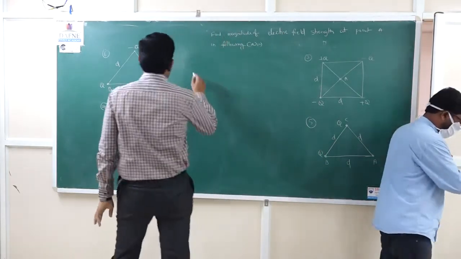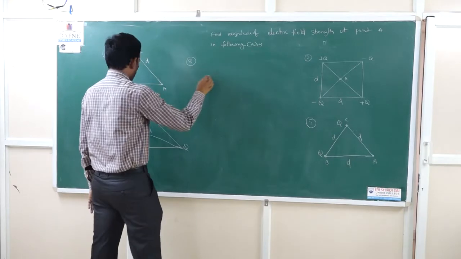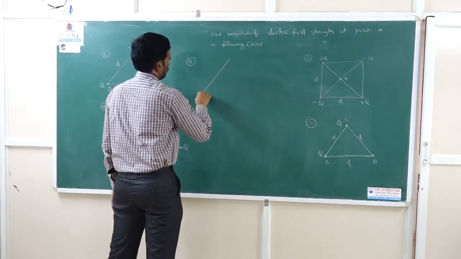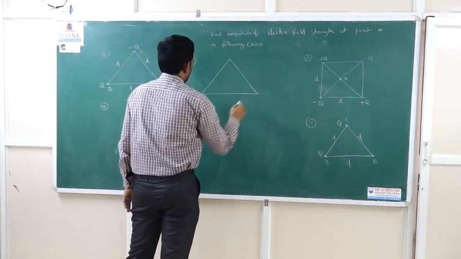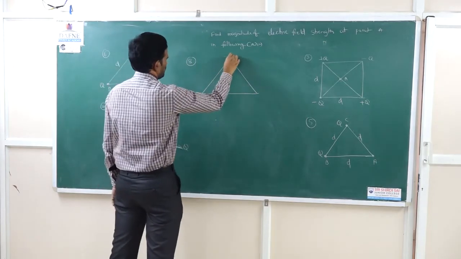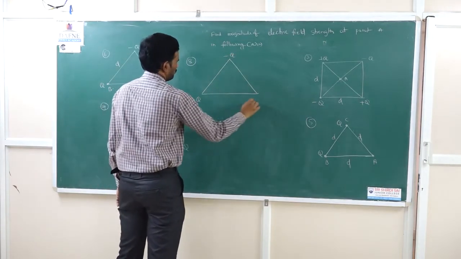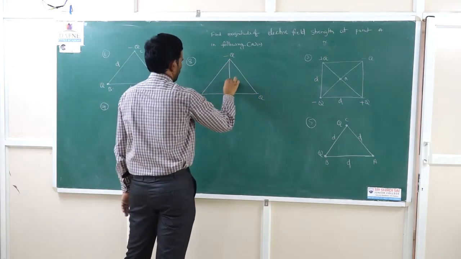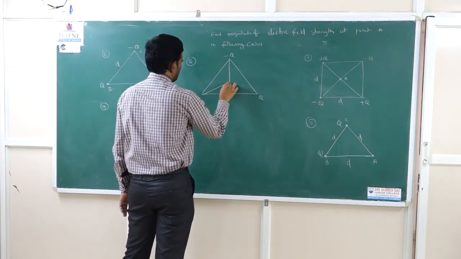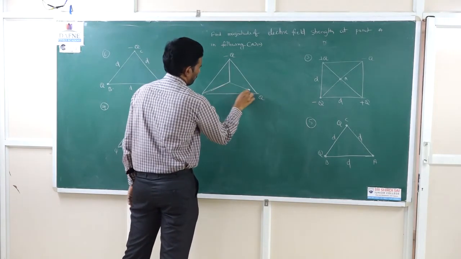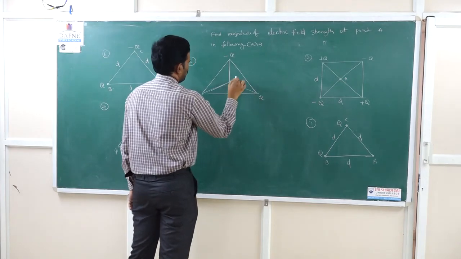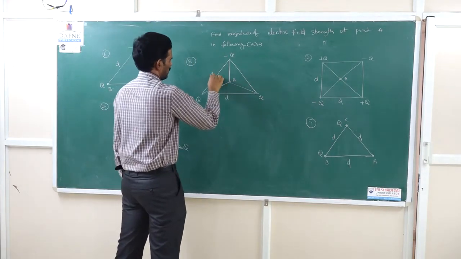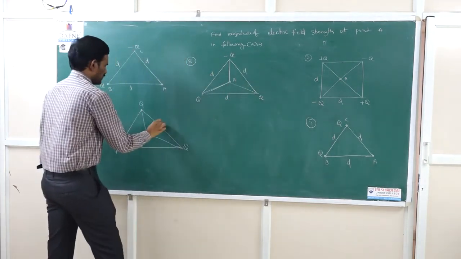Next is, in the same configuration I am taking this as a negative charge. Again we need to find this field at the center. This is our point A and this is also an equilateral triangle.